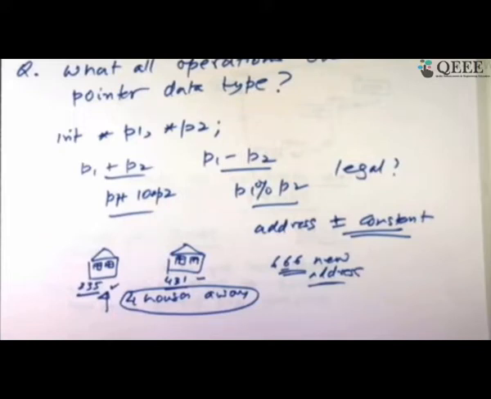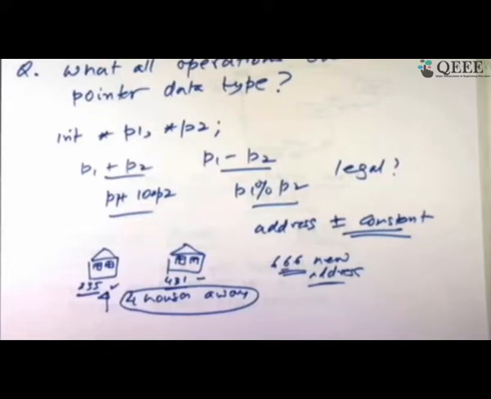Is 235 less than 431? Yes, you can do that. Can I go a few things up or down? Yes, you can do that. So pointer arithmetic, as it is called, which is on some of my slides earlier, is restricted for a very good reason: otherwise you produce meaningless entities. An integer operated with an integer typically gives you a meaningful integer or gives you true or false, but addresses typically don't do that.